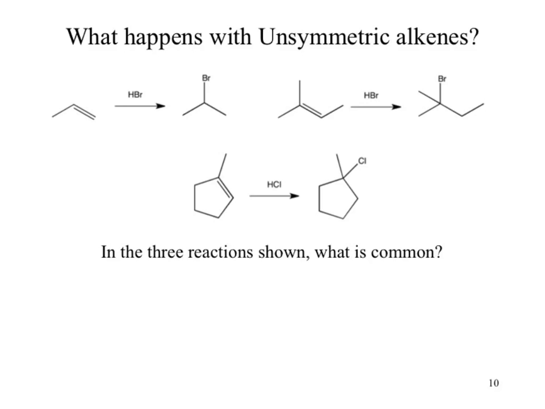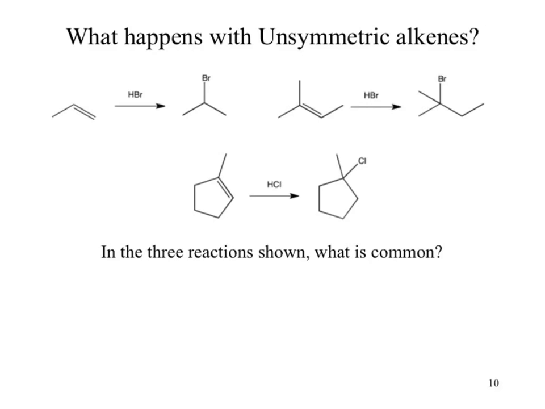So, what happens with our unsymmetric alkenes? So we got three reactions here. Okay. In the three reactions shown, what is common? Assuming I did it right. Yes, cool. They are all addition reactions. What else? What's that?